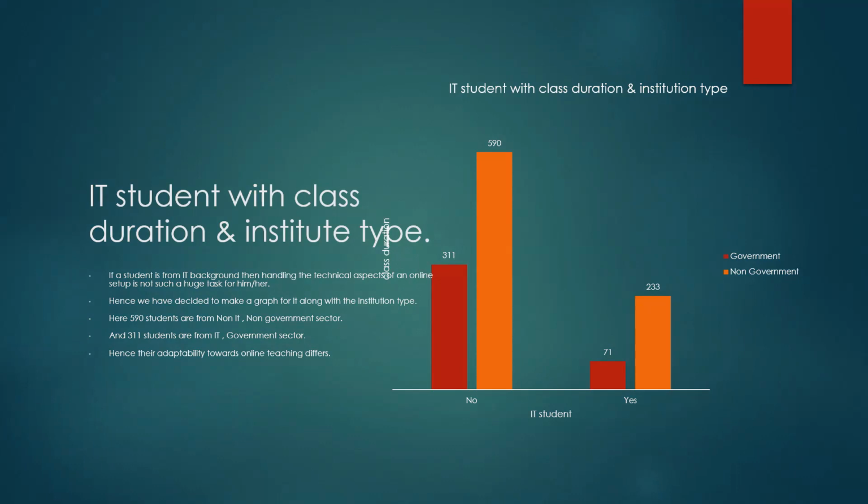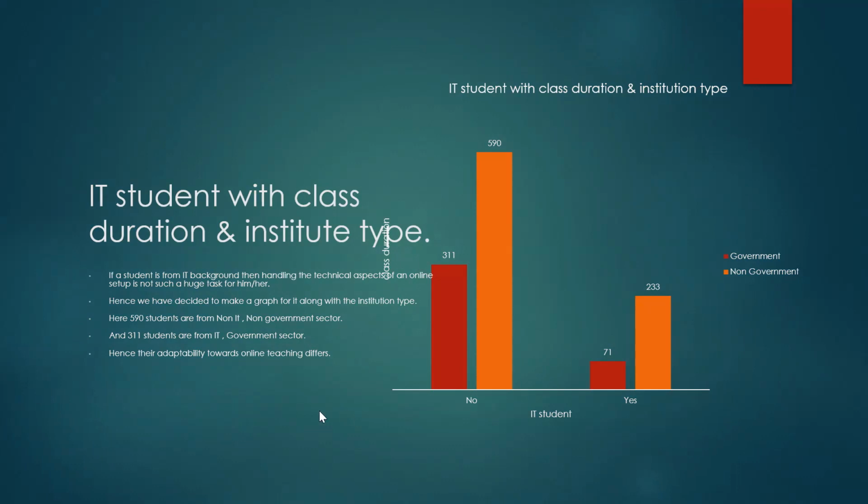IT student with class duration and institution type. Obviously, which type of institute you are studying in, whether it is government or non-government, it does have an impact because of the facilities that a student might get in such an institute. So we have taken that point into account as well.